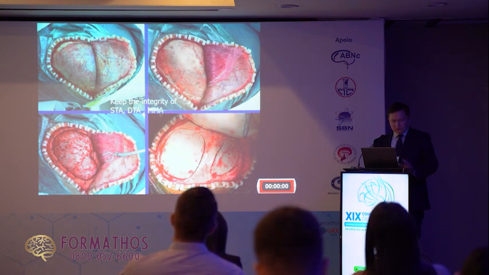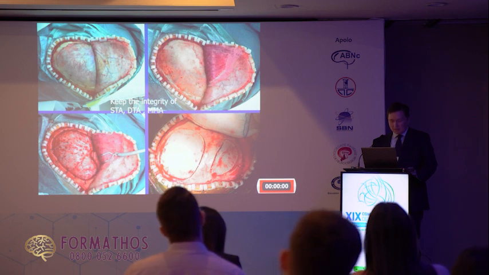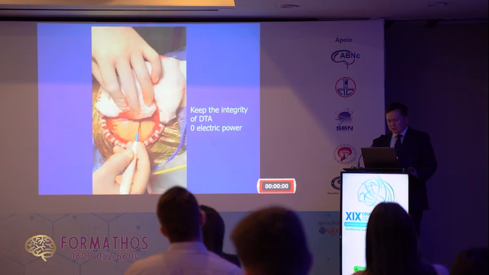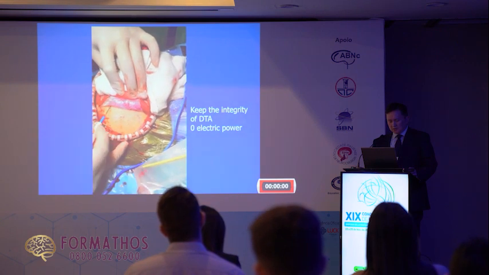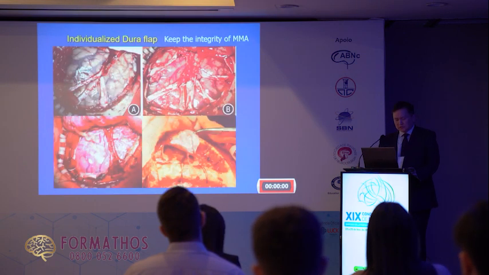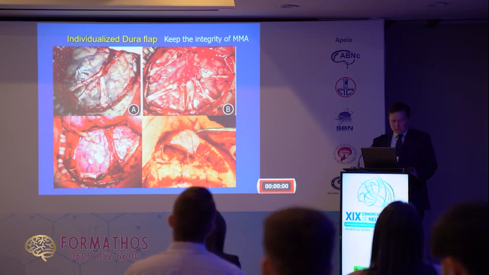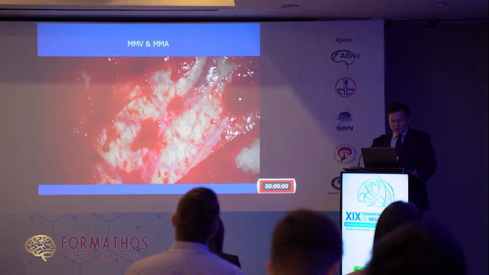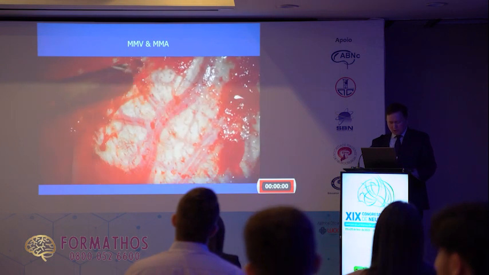So the secret for this kind of treatment is to keep the integrity of STA, DTA, and MMA. So this is how we dissect the temporal muscle. It's very fast dissecting, and this is a dura, normally flipped over according to the main branches of the middle meningeal artery. Under the microscope, you can see the middle meningeal vein normally surrounding the MMA.